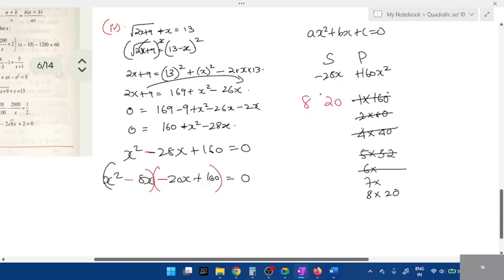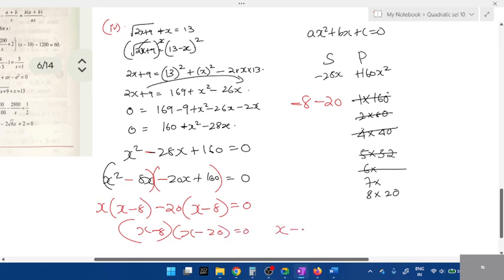Okay, let me check. 8 and 20. Put minus here. Think which sign you have to put before it, minus. Okay, so x, if you take out x minus 8, minus 20 if you take out x minus 8. x is equal to 8, 20.